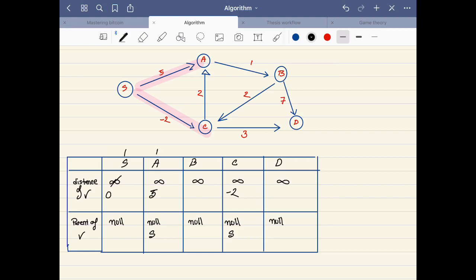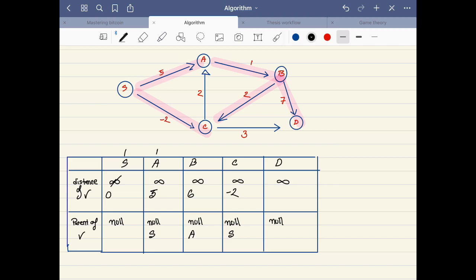From A we can go to only one place, that would be B. We already have 5, plus 1, that would be 6. So this is 6, and the parent is A. Now from B we can go to 2 places, right? We can go to C and we can go to D. That will be 6 plus 2, that would be 8.